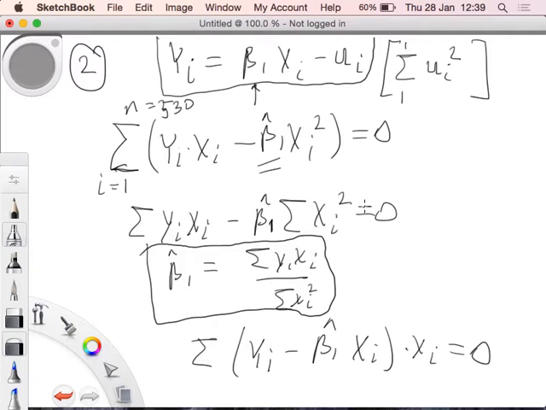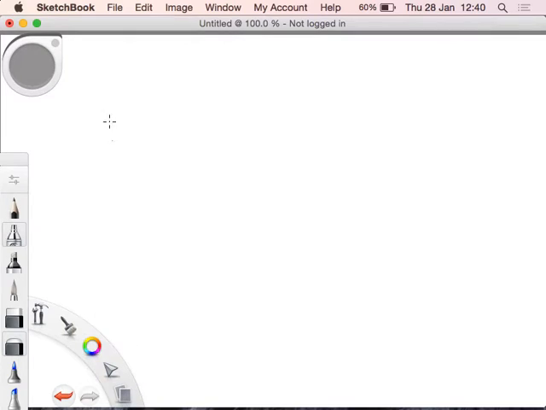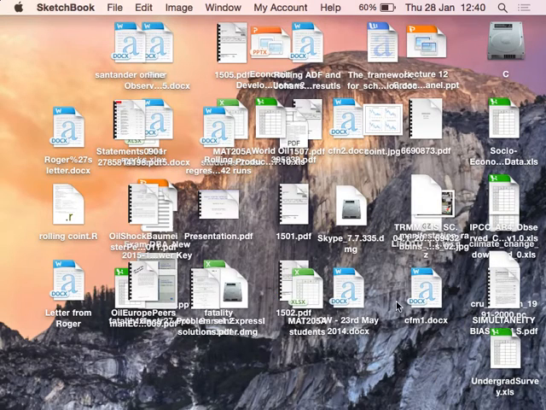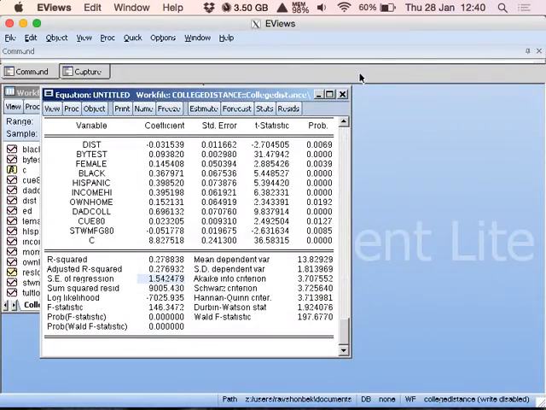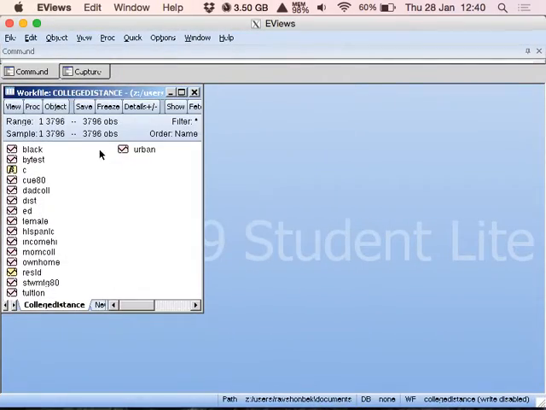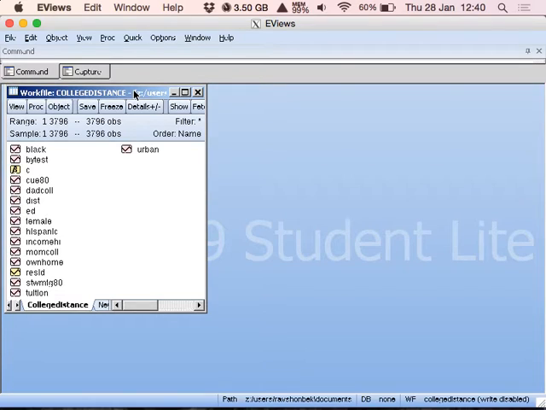EViews exercise now. So can you switch on your computers and download the data from QM Plus? This is from my other class, so the previous estimates.